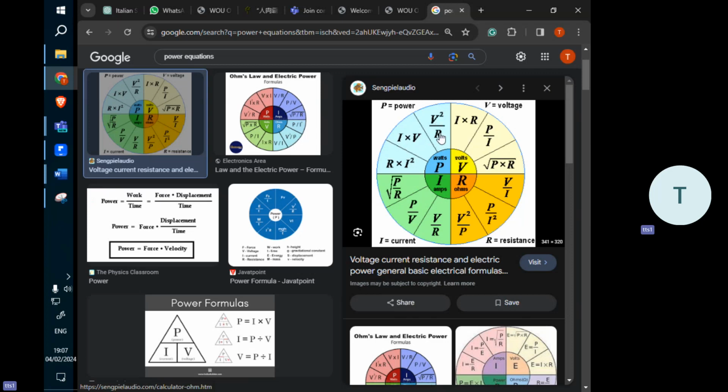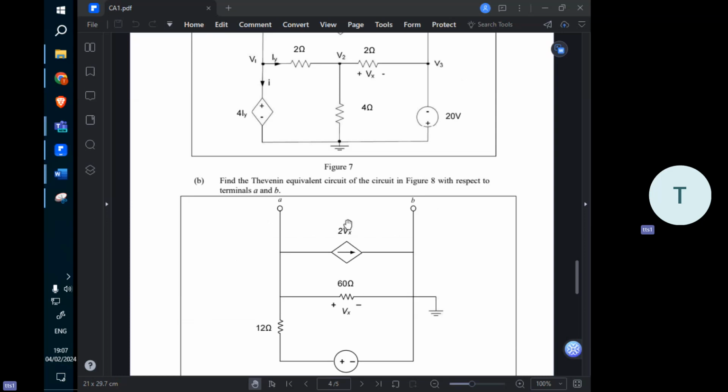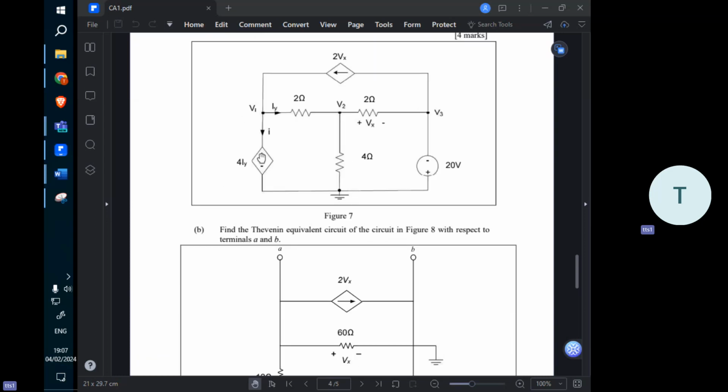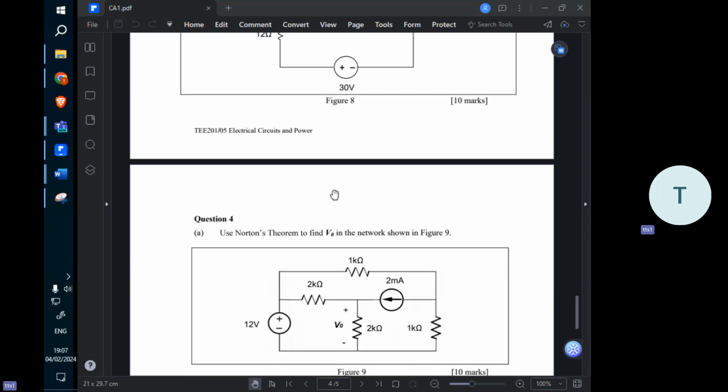If you have V and R, you just do this. If you have R and I, you just do this equation. So we have three forms to calculate the power. If you come back to this question again, for this power, one is the I, and the other one cannot be R, right? This one is given as the power of 4IY. So what is 4IY? The answer is very clear already.